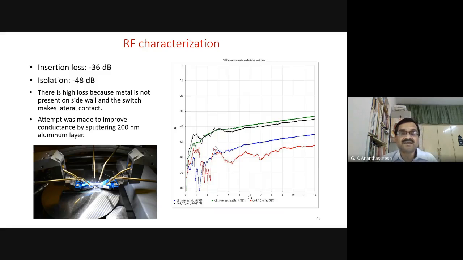And the next thing is RF characterization. There are a lot of requirements for this, insertion loss and isolation and other things that you need, and that was not really good. And one of the reasons was that ours is a planar actuator, not an out-of-plane actuator. Out-of-plane actuator, you have a proper metal coating on it, top and bottom, so you can switch.